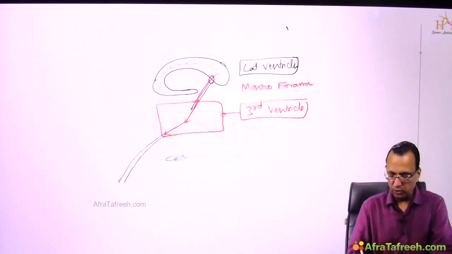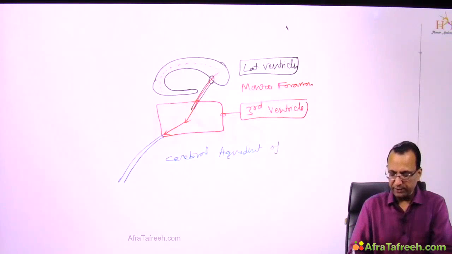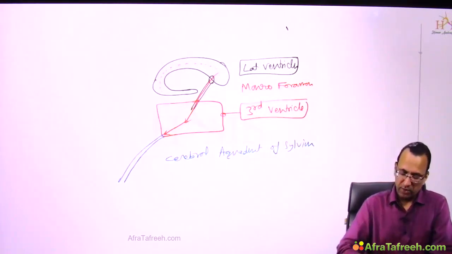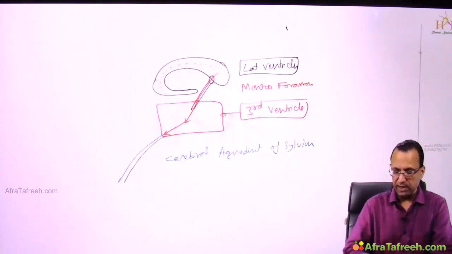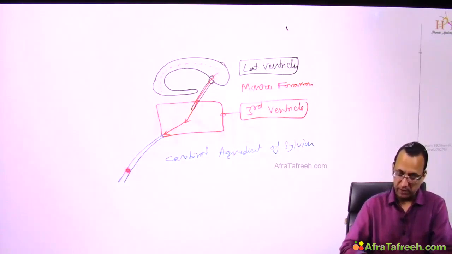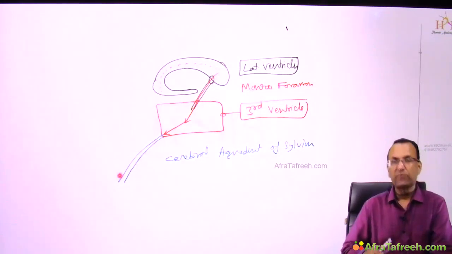So the lateral ventricles had CSF formed, passing through the interventricular foramen of Monro, coming to the third ventricle, and after the third ventricle it is going to the cerebral aqueduct of Sylvius to enter the fourth ventricle.